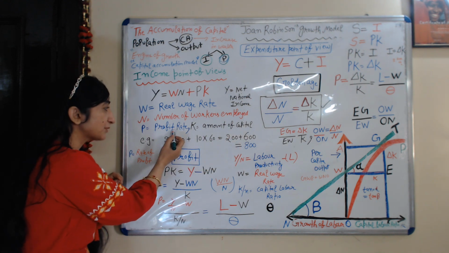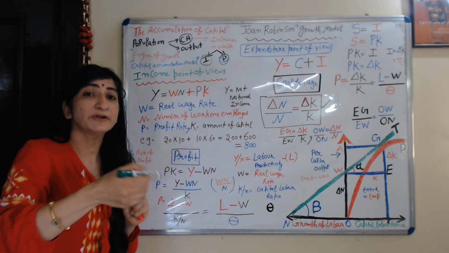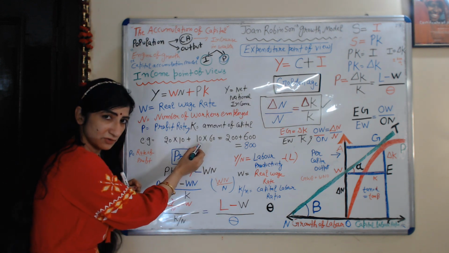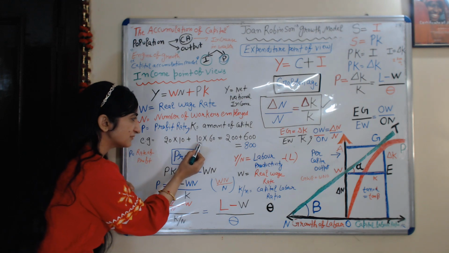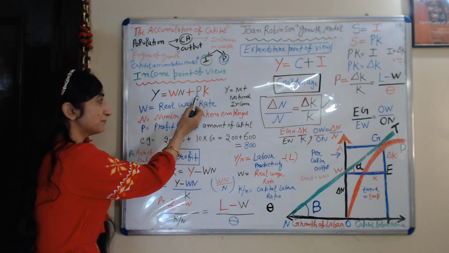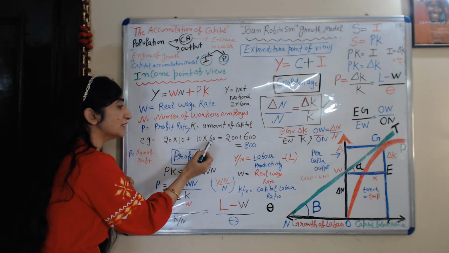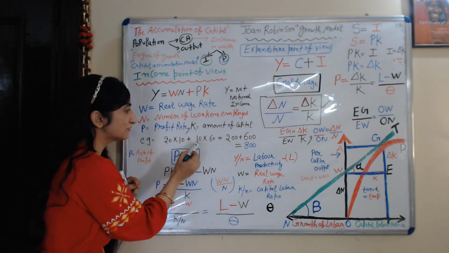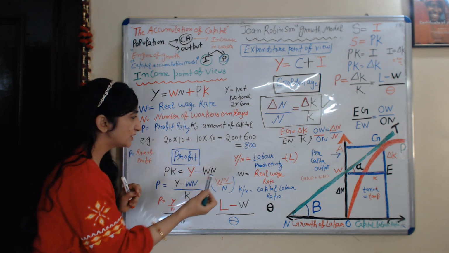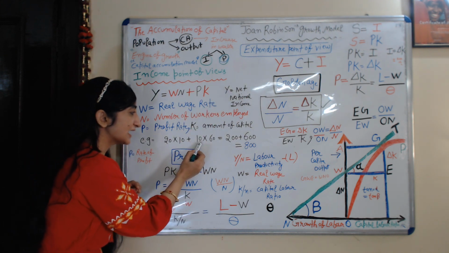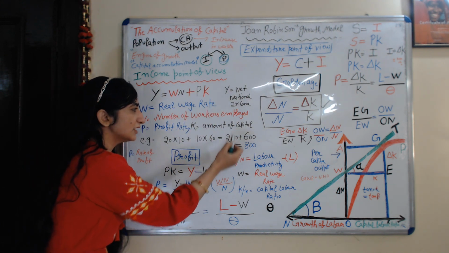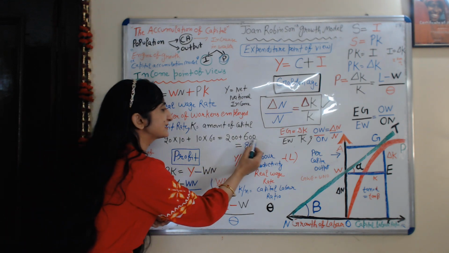Profit per machine, or profit per capital, is 10. So the amount of machinery K is 60 and the profit per machine P is 10. When we multiply P with K, 10 with 60, we get 600 rupees.